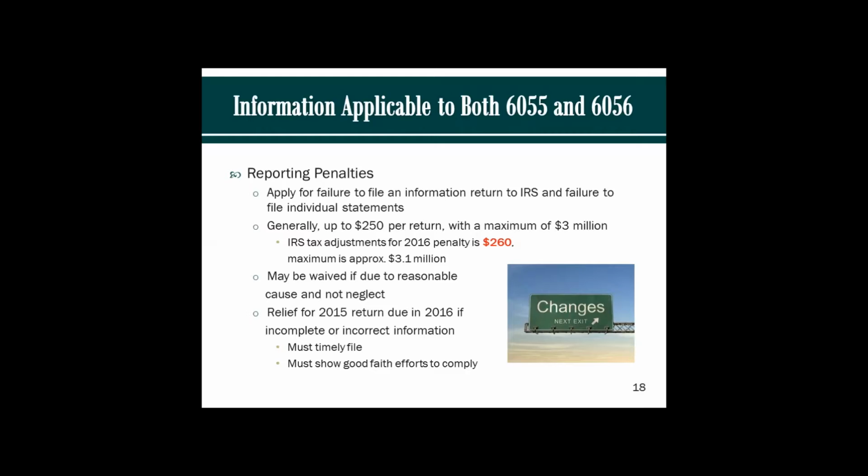The other thing that we want to talk about is the penalties. Remember, this is the first time everyone's going to be doing this filing. No one is going to get it perfect. You may put a Social Security number in a wrong place, or you may put a date in a wrong place, or you may transpose a number.